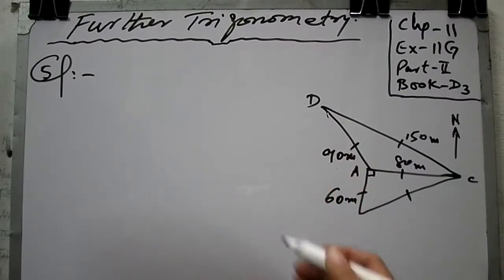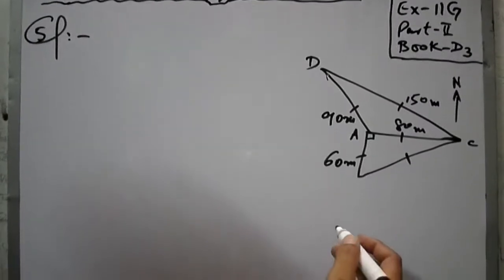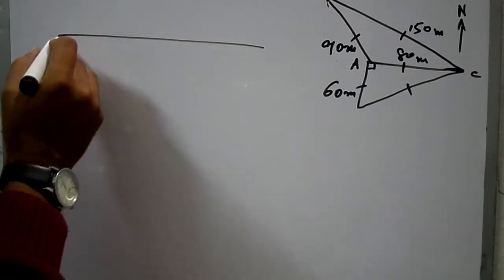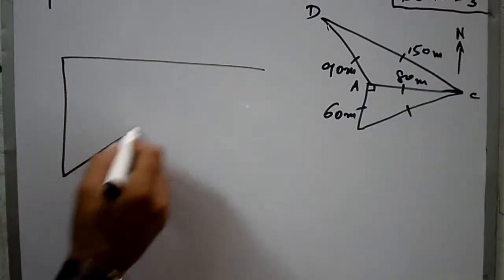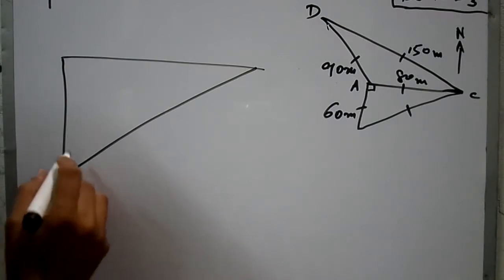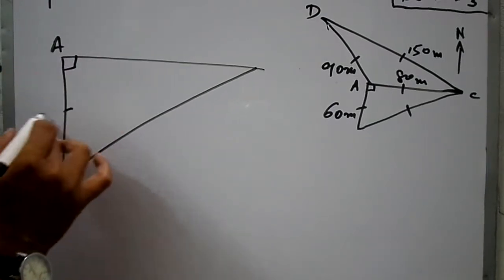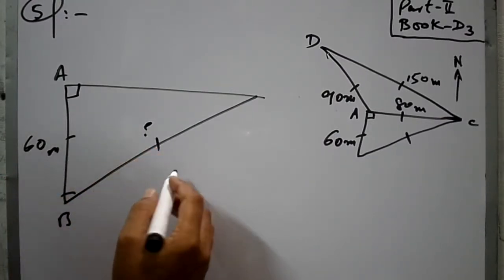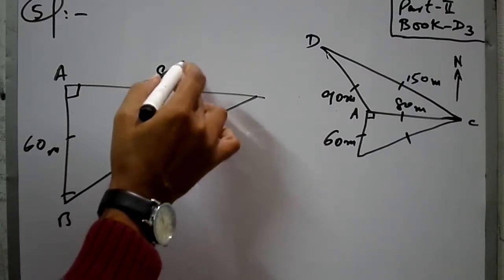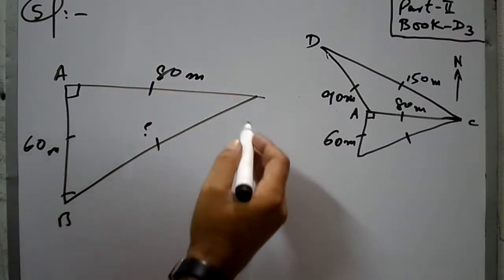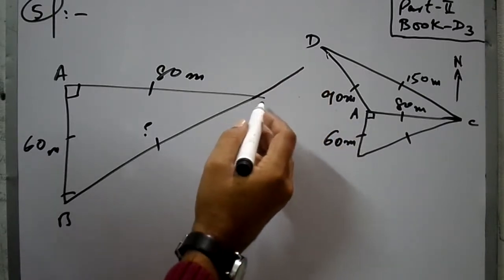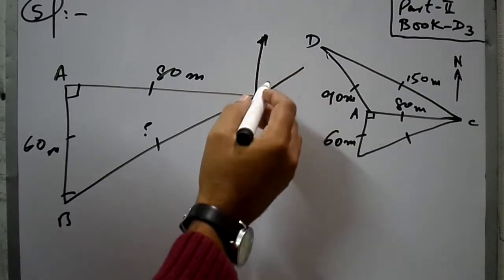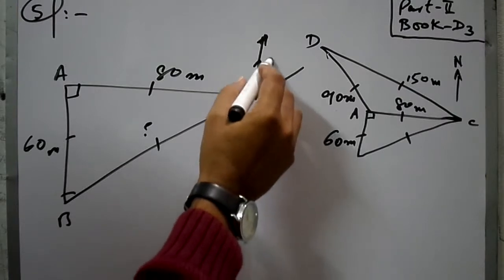For example, it is the three-dimensional problems, so it should be noted that another diagram, for example this one, and here is your C, B, E, that is your 60 meter, that is how much we have to find, and that one is 80 meter. So bearing, if we see the bearing, so you will come to this conclusion that that is your north direction for the bearing. So, and this angle is given to us, that is 8.6.